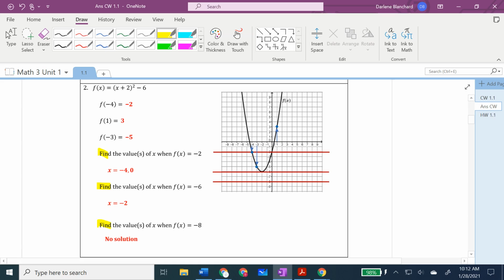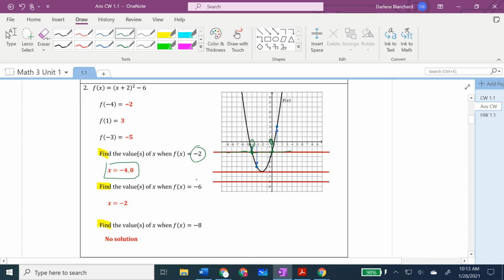When you're looking at the graph, if you draw the line y equals -2 right here, it crosses the graph of this parabola twice, once here and once here. The x coordinates are -4 and 0. And that's how you can solve equations when you look at a graph.